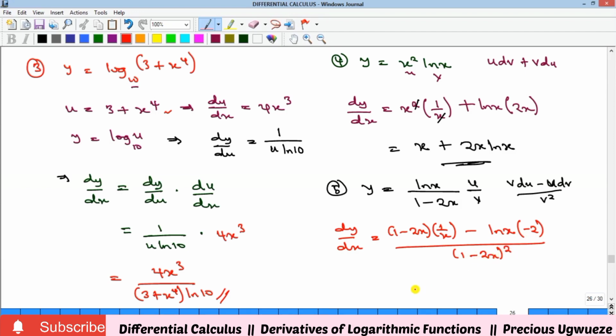Okay, and so if you simplify this, you are going to have 1 minus 2x all over x.